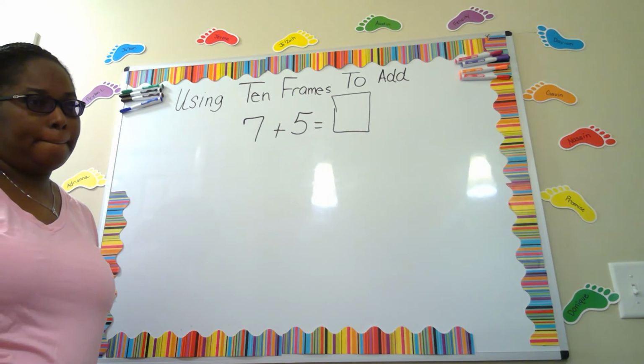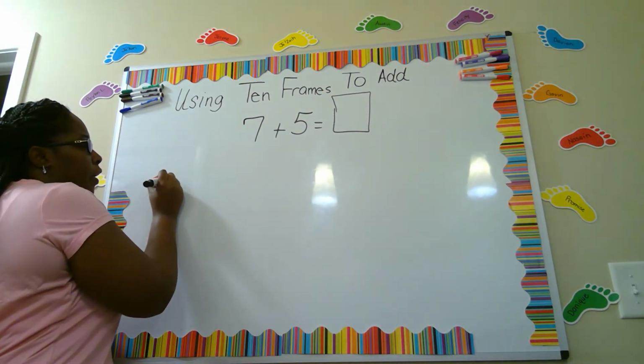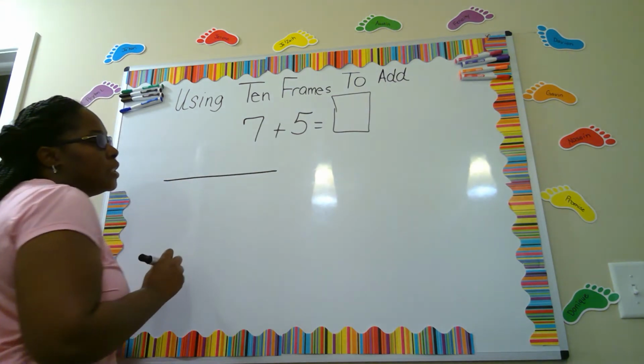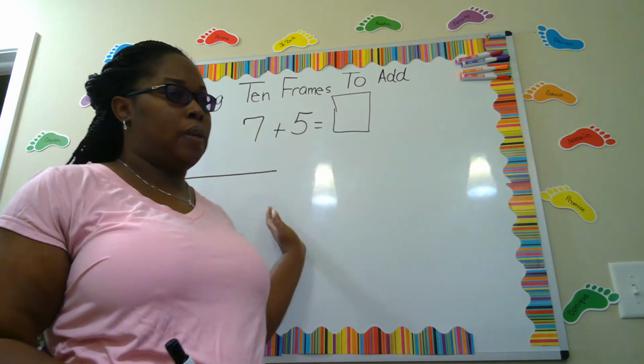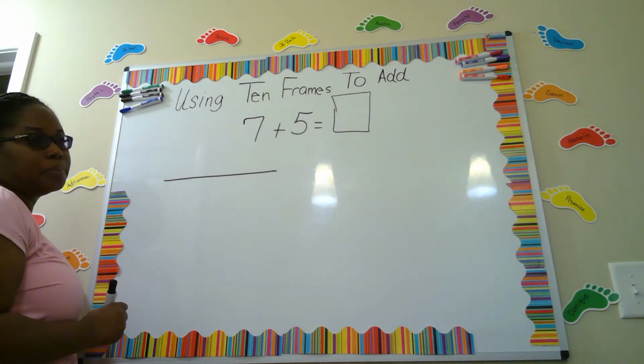All right, and then we're going to draw our tens frames out. So here we go. Under it, I'm going to draw my first line across. And remember, I'm not taking up my whole paper because I also want to get 2 10 frames side by side, okay? So I drew a line across.